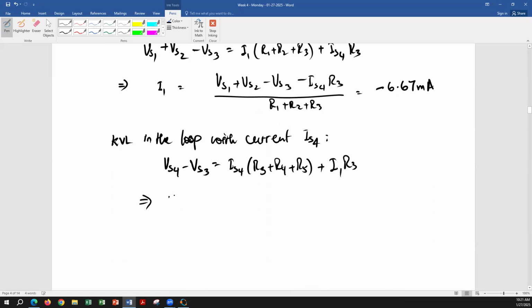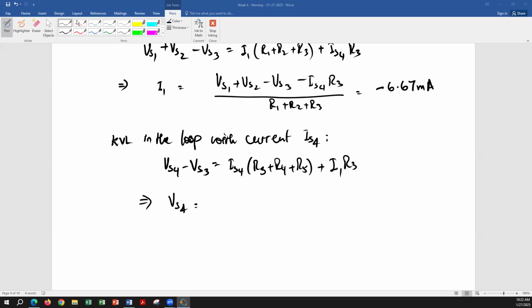And from that, let's calculate VS4. VS4 equals IS4 times (R3 plus R4 plus R5) plus I1 times R3, and then plus VS3.